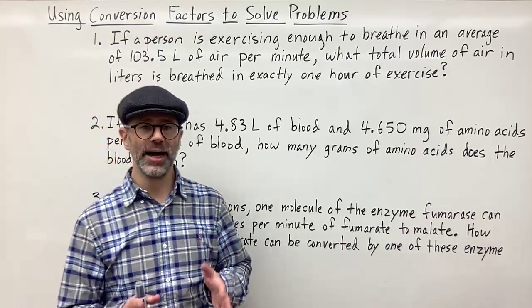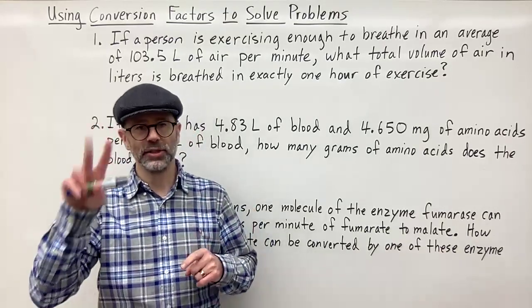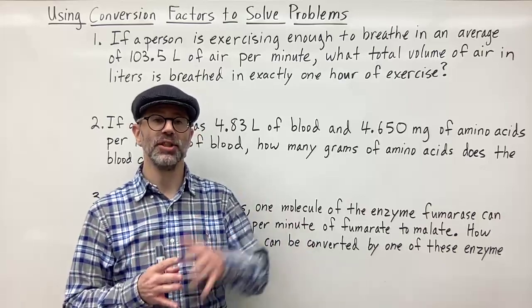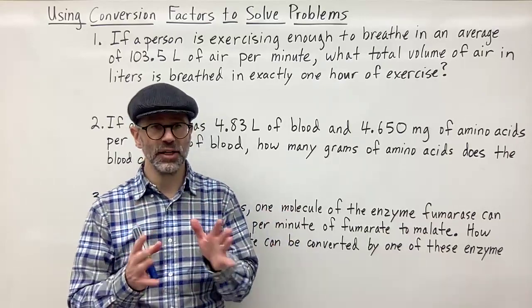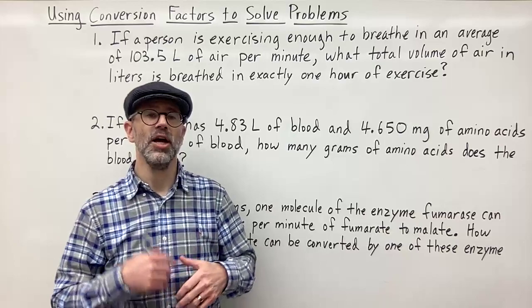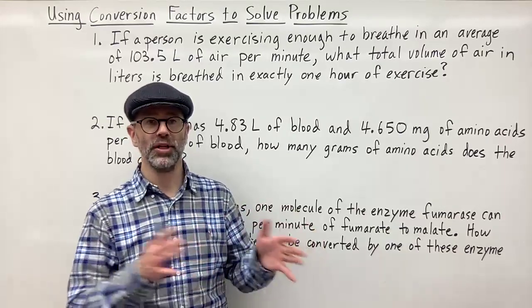Whenever you're attacking these sorts of word problems, there's two things. First, pull out the conversion factors, find the relationships. If you have something per something, that's a relationship, and you can use that as a conversion factor. That gives you tools to help you convert from one thing to the other.